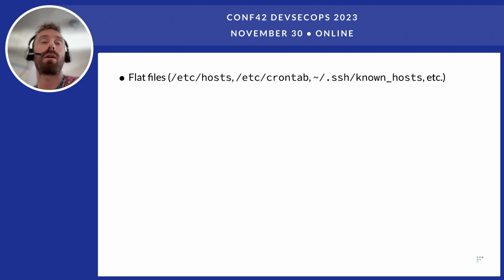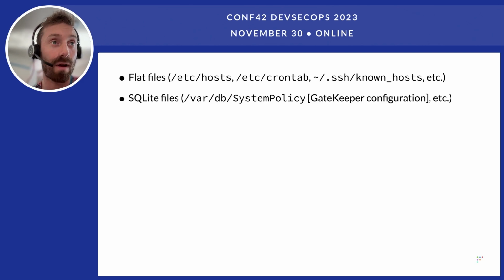There are a huge number of data sources available in osquery. For example, things like the etc hosts file, the crontab file, and known hosts: flat files that can be parsed and typically have specific configuration formats. SQLite files, which are becoming increasingly common on systems to store configuration and state for applications.